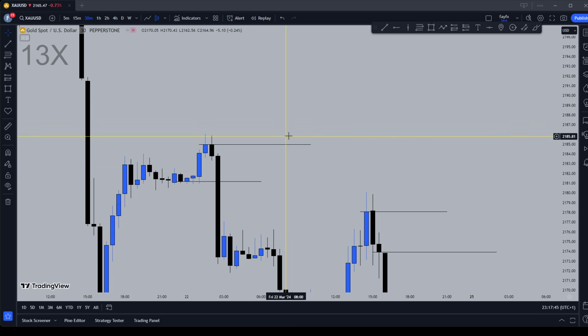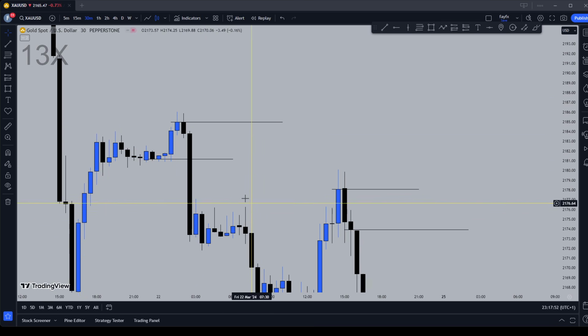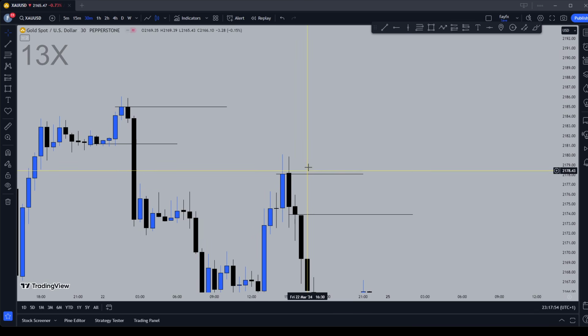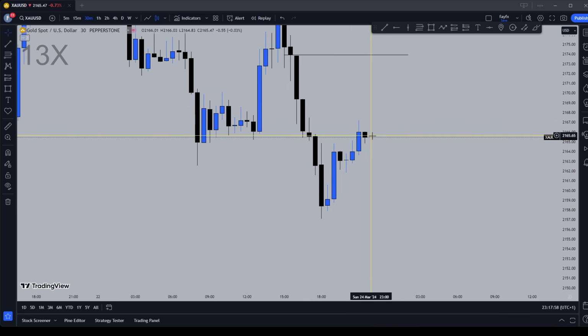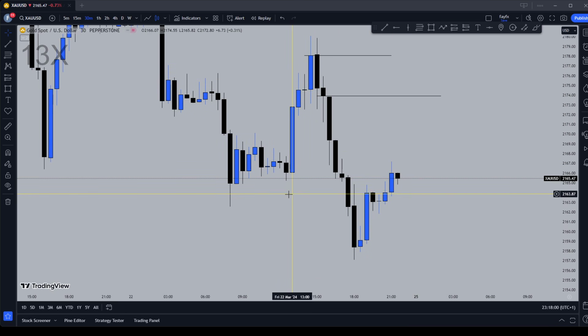In 30 minutes, same level. We have a classic 1 hour, classic 30 minutes. Classic 1 hour, classic 30 minutes. Gap 1 hour, gap 30 minutes. This is the equilibrium. We have the classic in 30 minutes.